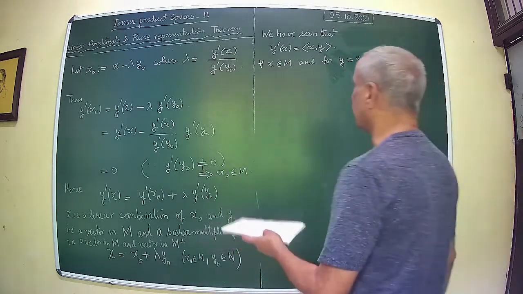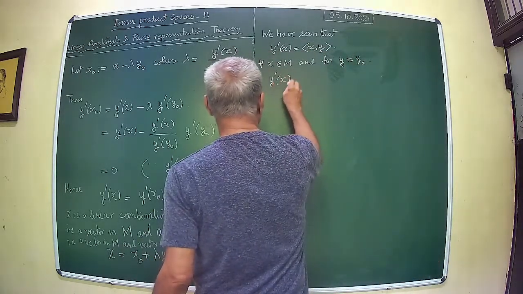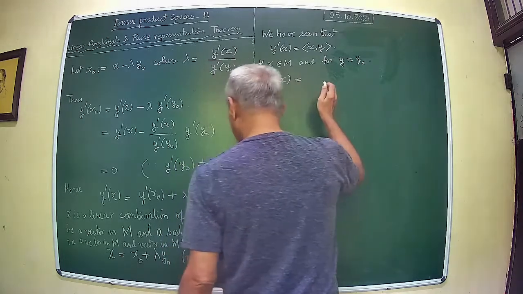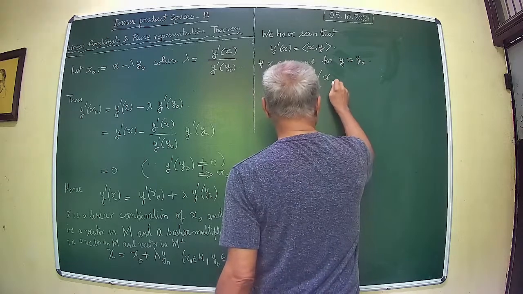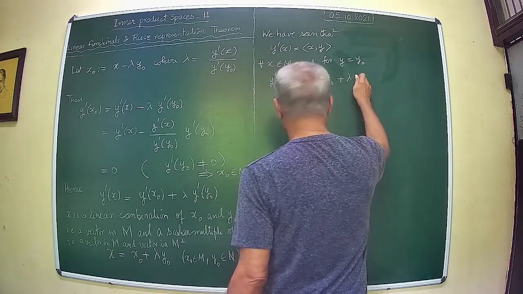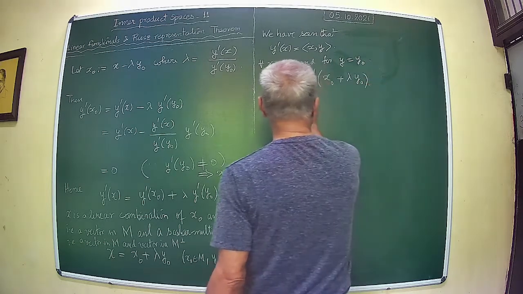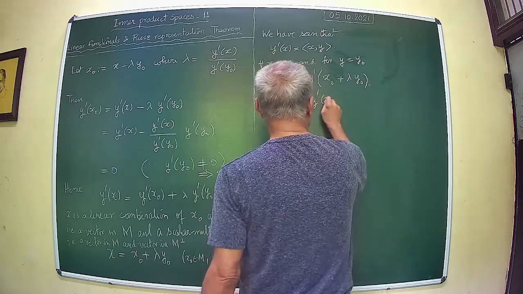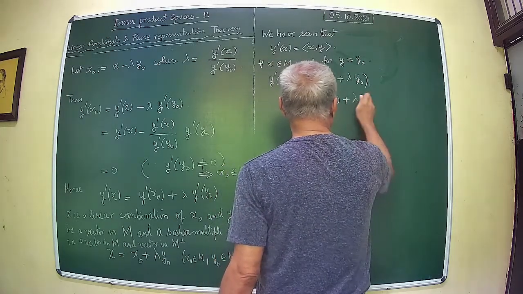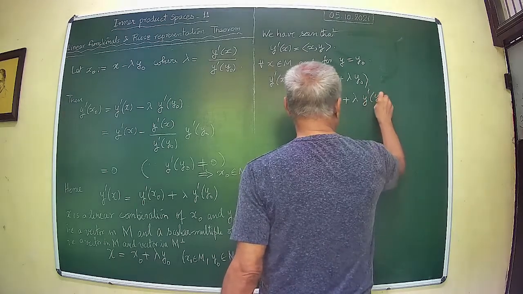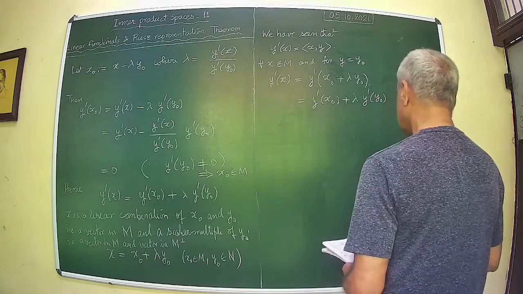Consequently, what happens here? So y prime of x is equal to y prime of x naught plus, which is equal to, therefore what do you have?